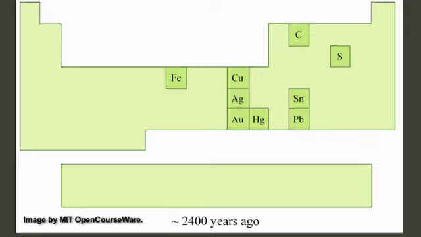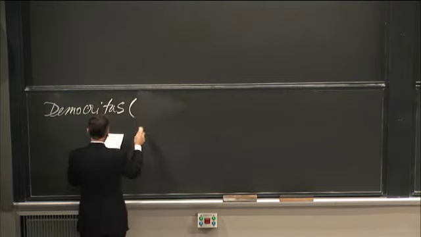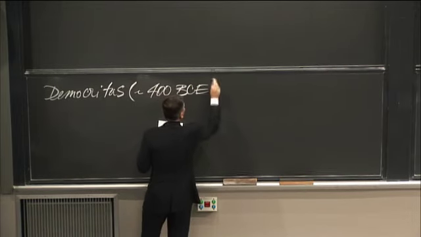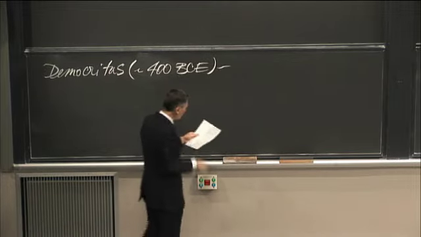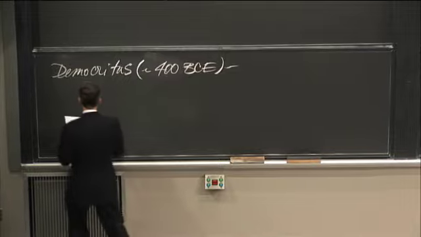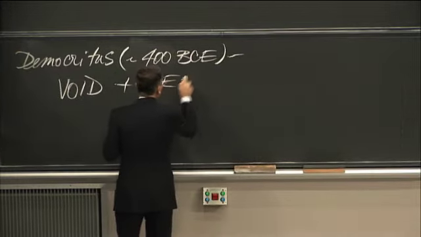And the beginning of the shift from practice to theory, or from craft to science, is with the work of Democritus. Democritus lived around 400 BC. He was Greek, and he described the physical world as consisting of a combination of void plus being.